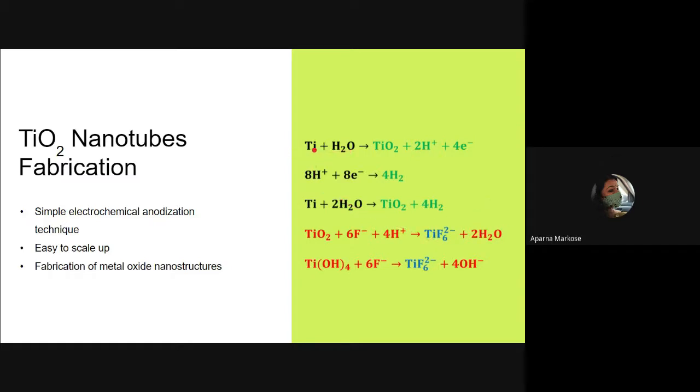You just remember titanium becomes titanium dioxide, because this is titanium dioxide nanotubes. This nanotube formation happens because of the formation of this hexafluorotitanate. Okay, that's all you need to understand a little bit.